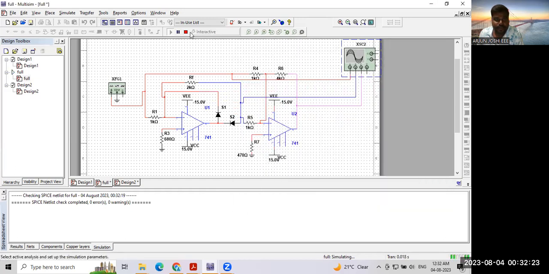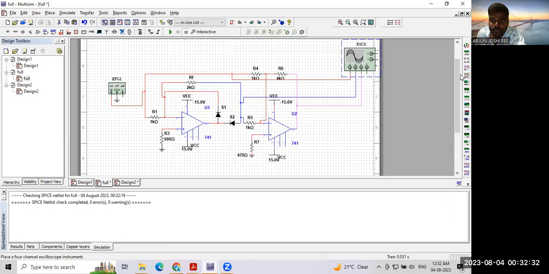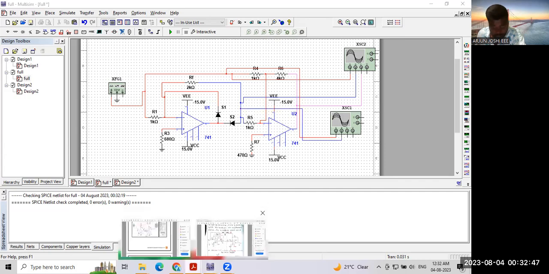Okay, I'm going to get the output. But how to connect this? For the output oscilloscope, you need to select it here. Then channel A you connect to this side, A, and B you connect nearer to R5, as per the circuit diagram, like this.